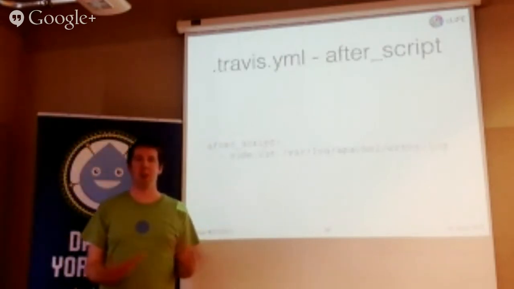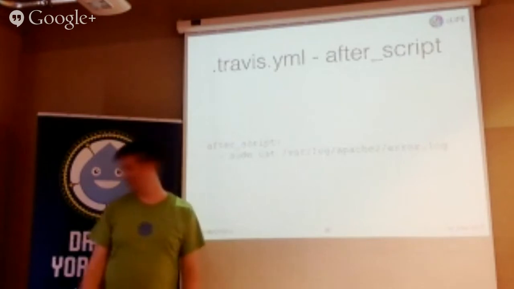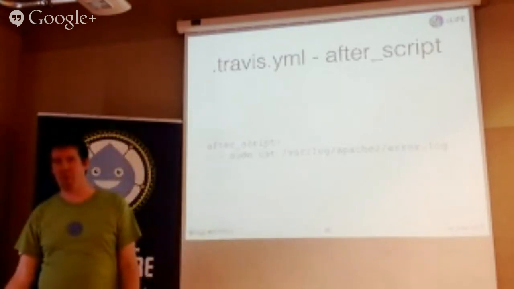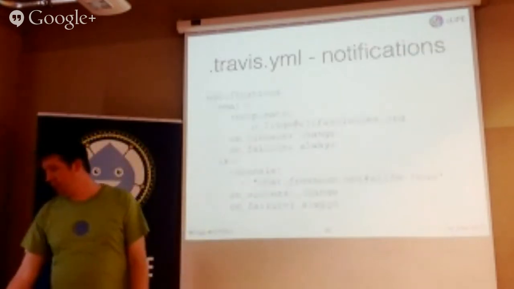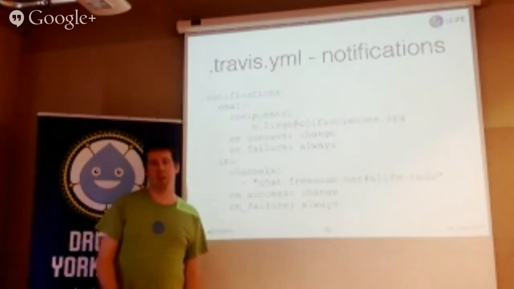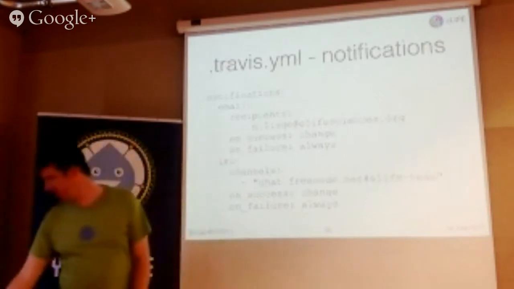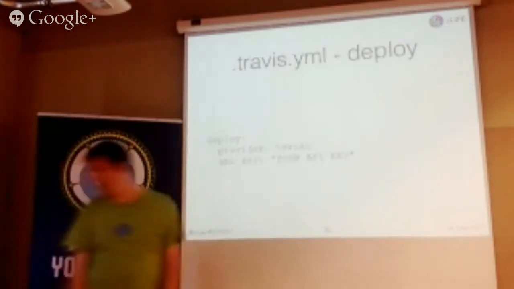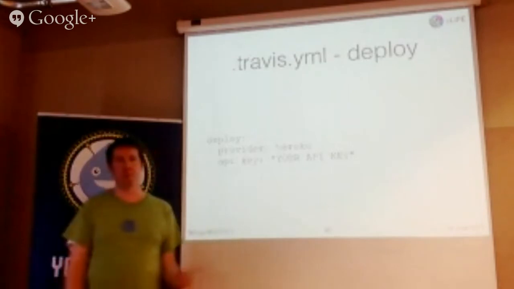And then after running your scripts, you can do some steps. So you might want to output the error log just in case something went wrong. Then you've got to monitor because it's difficult to see what went wrong on Travis builds. And then you could get notified either by email, or you can push it out to your room on IRC. And you could also deploy your application.